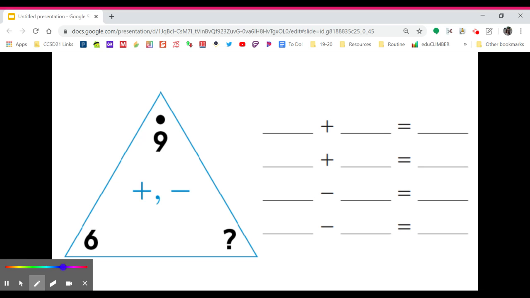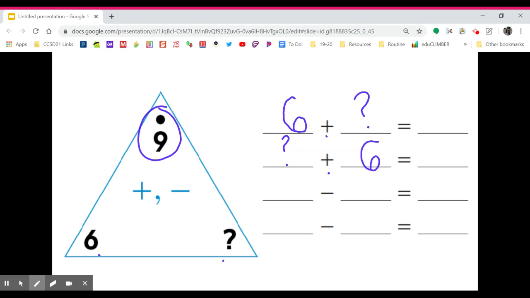We know that our addends, so our two numbers in the bottom, will be the two numbers that we add together. In this case, we add 6 plus something, or the turnaround fact of something plus 6. And then we'll write our sum over here.